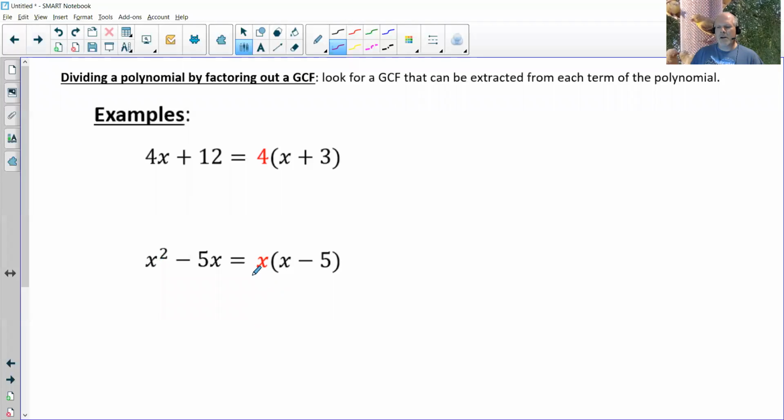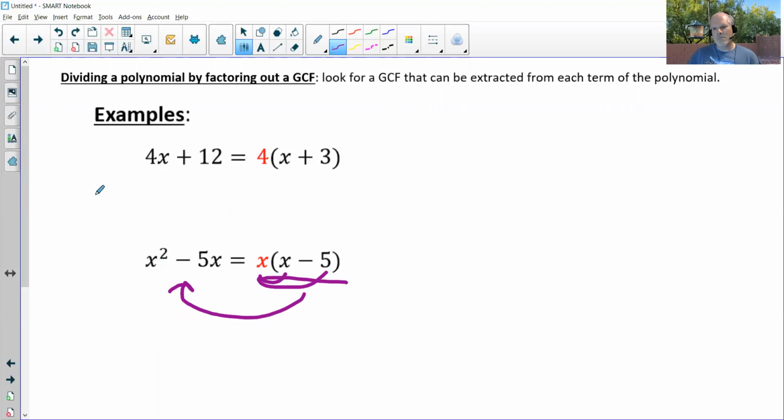So our answer here is x times the quantity x minus 5. And again, if you were to distribute this, you will get the original polynomial.